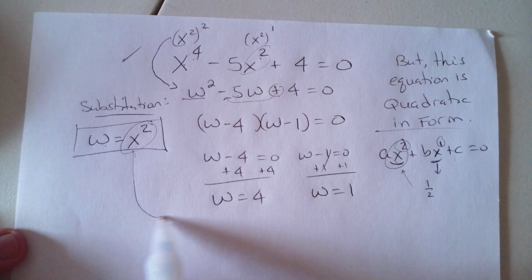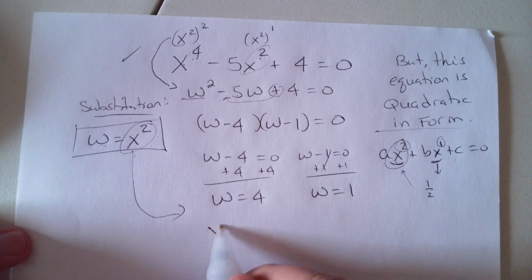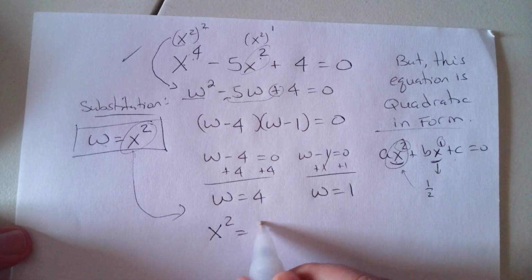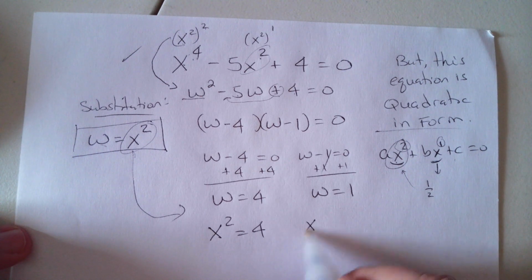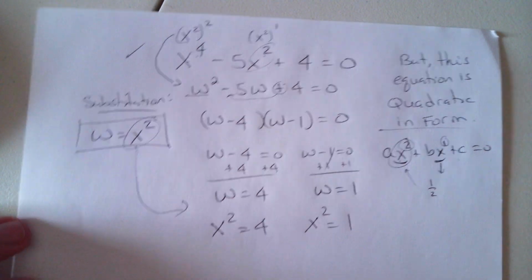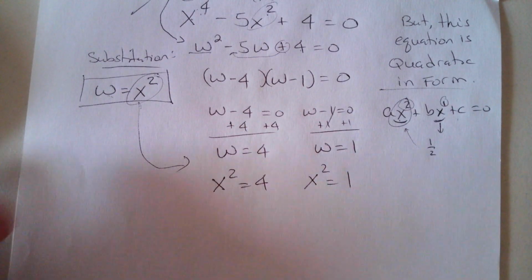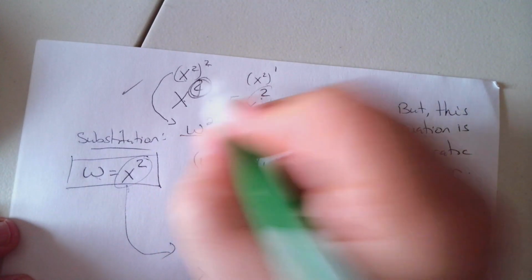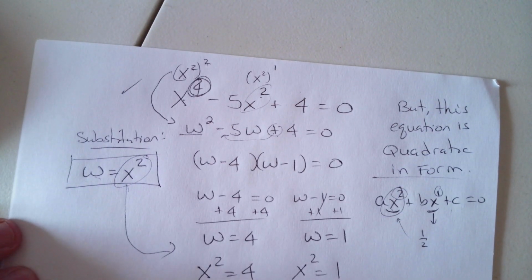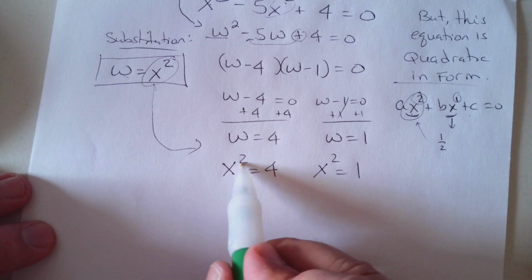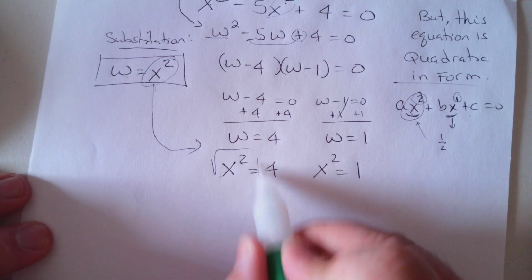But what is w? W is actually x squared. But remember, this equation says we're supposed to have 4 answers. So let's solve for x. Square root both sides.